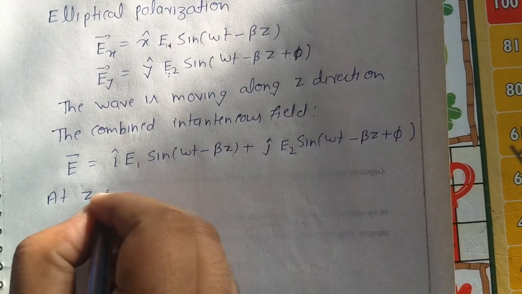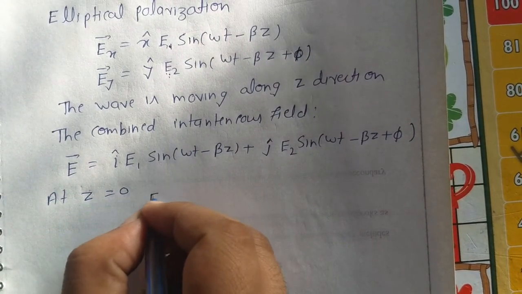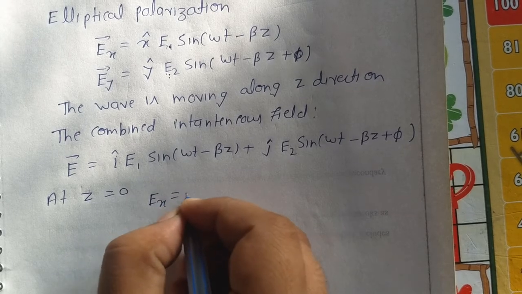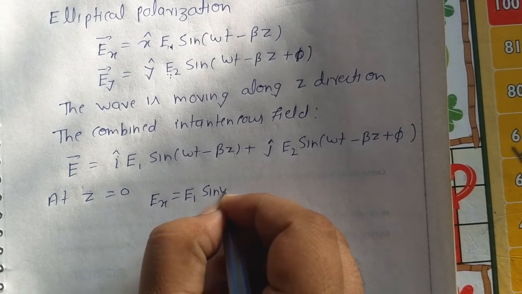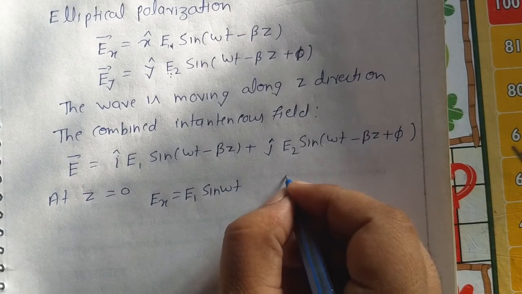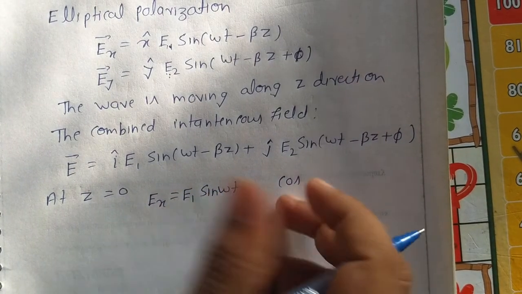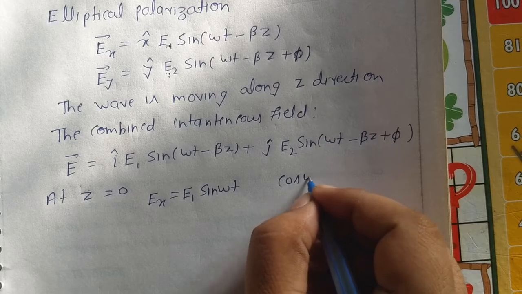At z equal to 0, Ex equal to E1 sine omega t, and from this we can find the value of cos omega t.